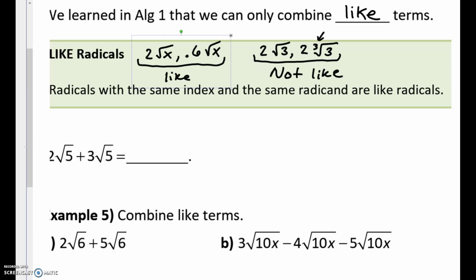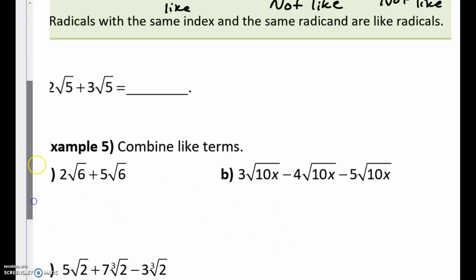And similarly, 2 square root 3 and 2 square root 4 are not like because they have different numbers inside the radicand. So 2 root 5 and 3 root 5, these are like because they have the same index and the same radicand. So we add them and we just add the first numbers.